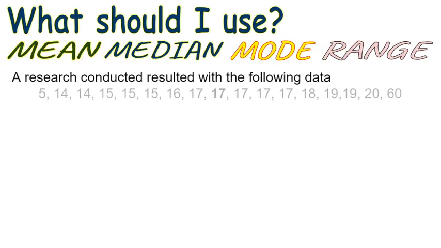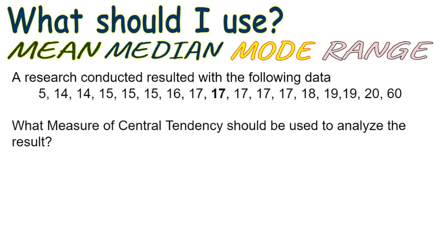Okay, so let's go ahead and answer the second one. So the mean, median, mode. There's a research conducted which resulted in the following data. It is already arranged from the lowest to the highest. So the question now is, what measure of central tendency should be used to analyze the result? As you can see here, there are extreme scores, 5 and 60, but the majority of the numbers lie within 14 to 20.